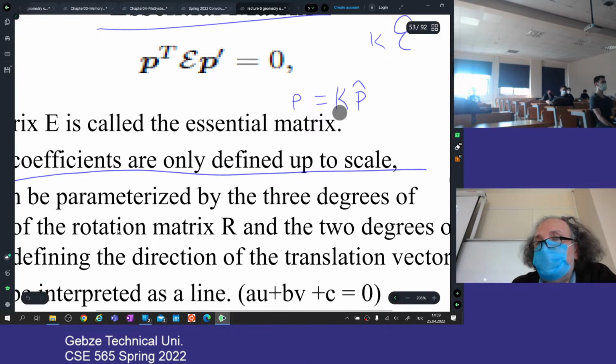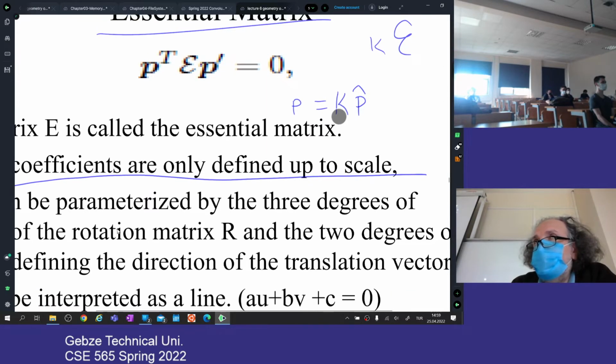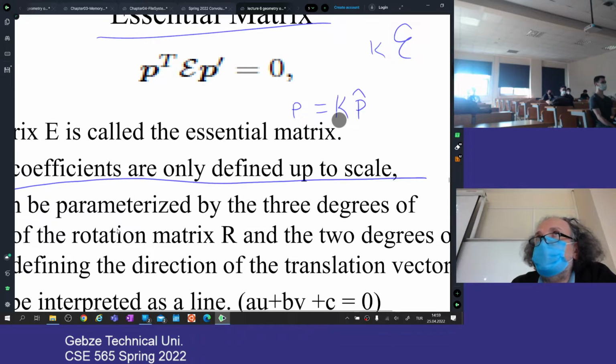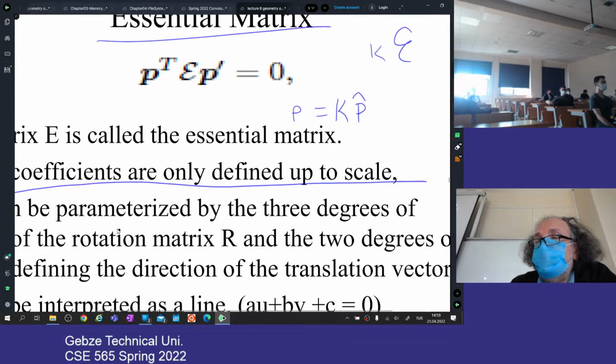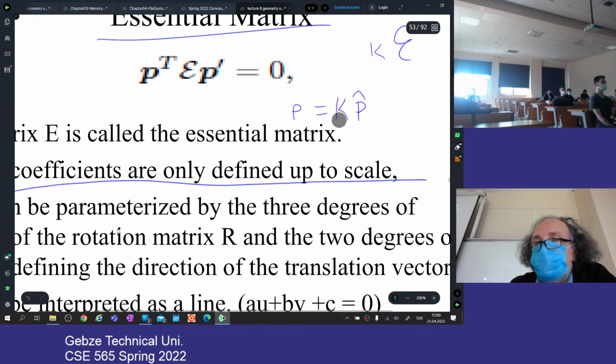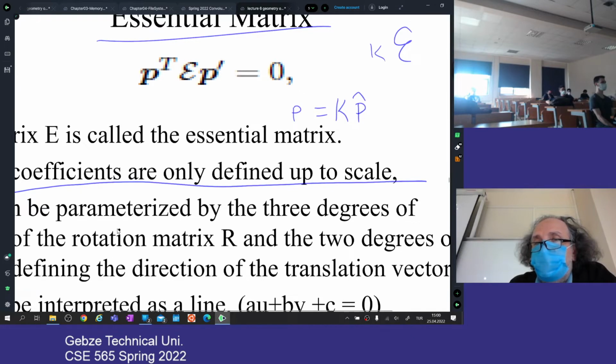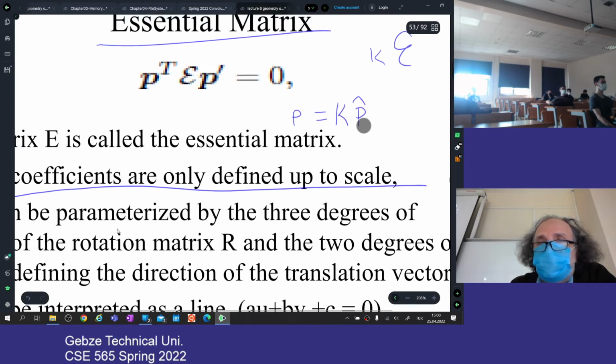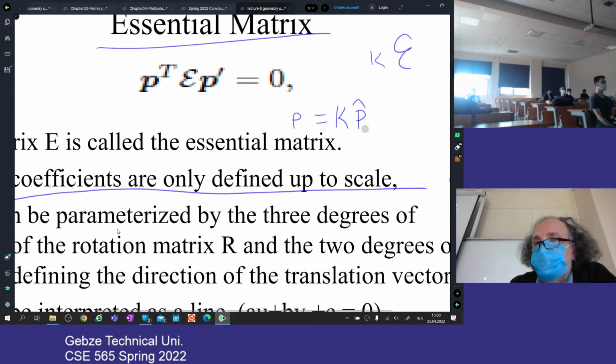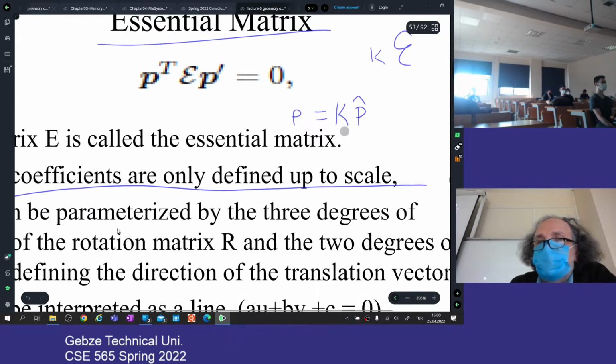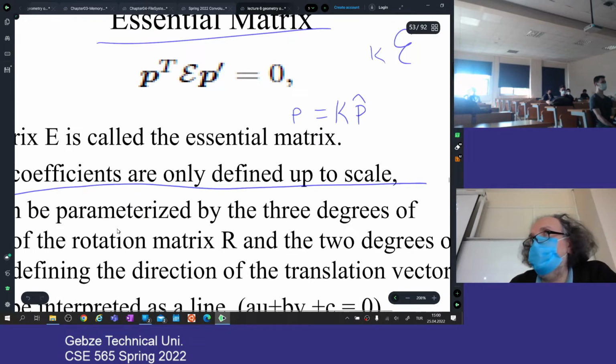This is a 3 by 3 matrix that includes the width of the pixel size, the height of the pixel, also our skew angle if we have any, the principal point of the image, and so on. If I multiply this P hat with K, then I will get P.